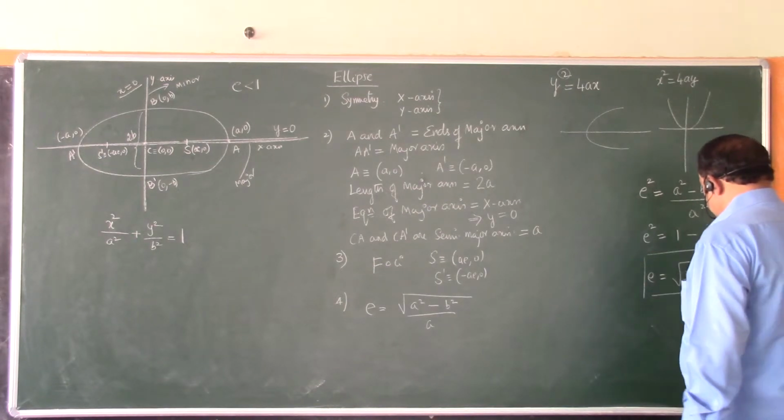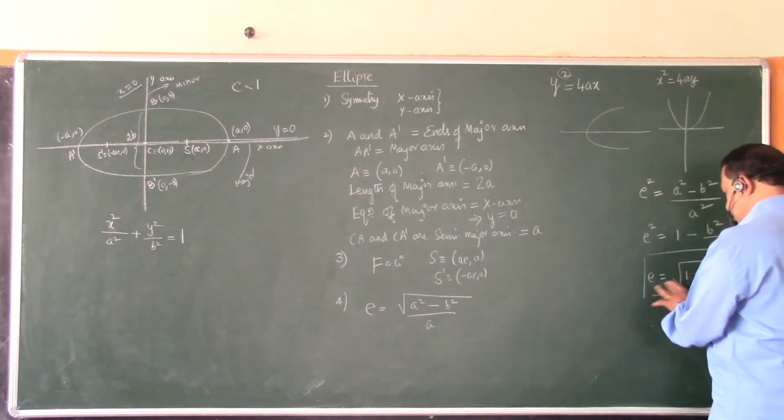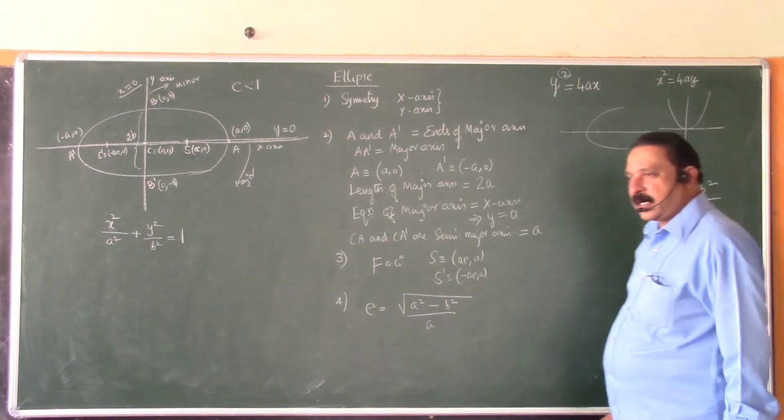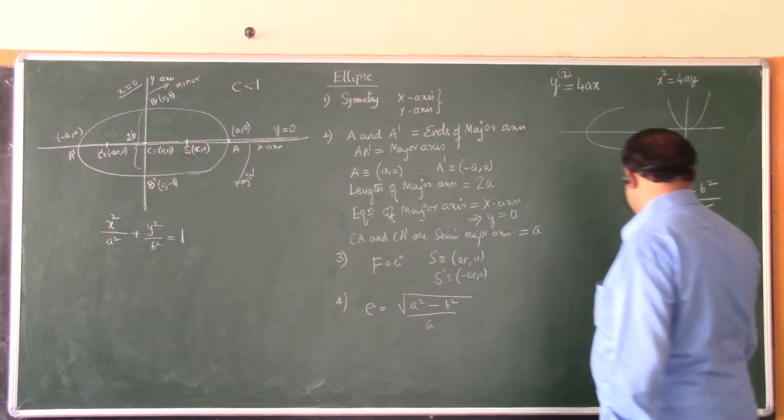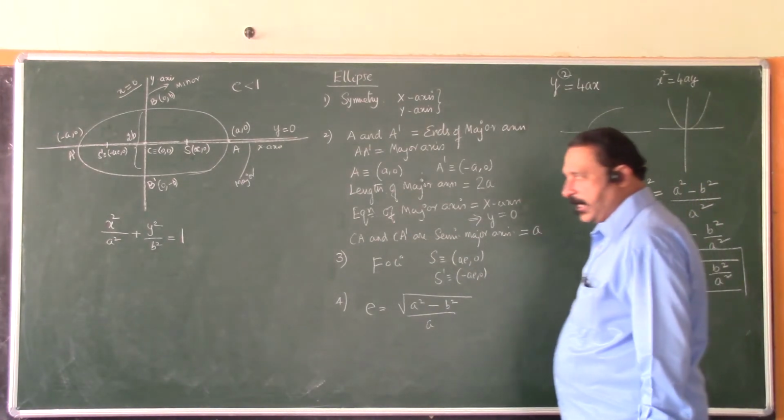This formula also you can make a note of, because sometimes this is also helpful. You can write down E is equal to square root of 1 minus b square by a square for an ellipse.